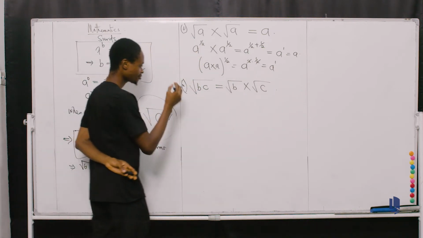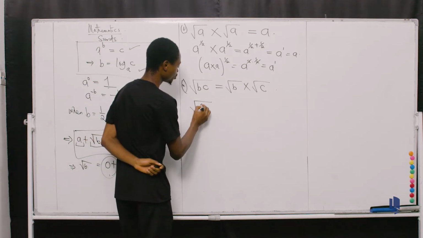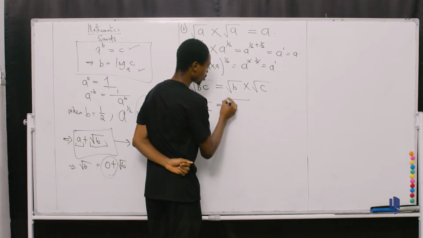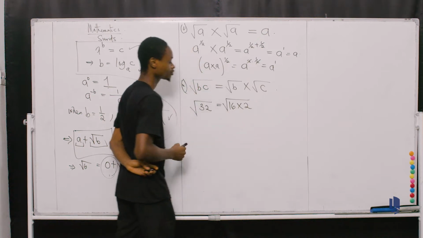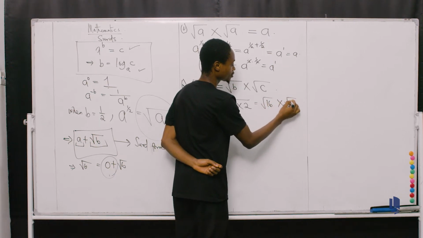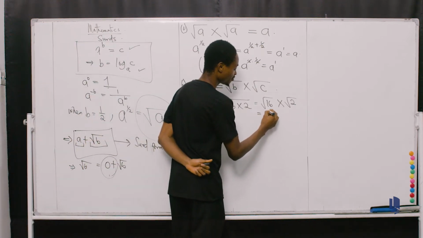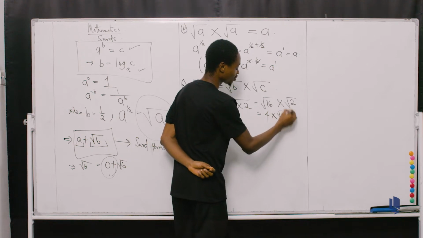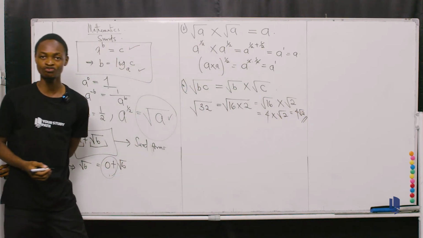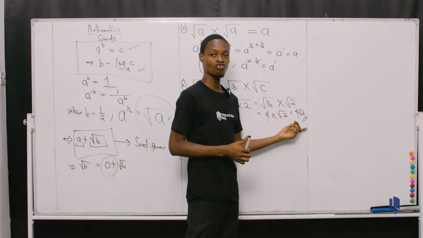A good example: if I have the square root of 32, then it is possible for me to break it into the square root of 16 times 2, and then express it as square root of 16 times square root of 2. And then square root of 16 will give me 4, and I'll multiply it with square root of 2, and my result will be 4 root 2. A short form. So I'm able to simplify square root of 32 into 4 root 2.